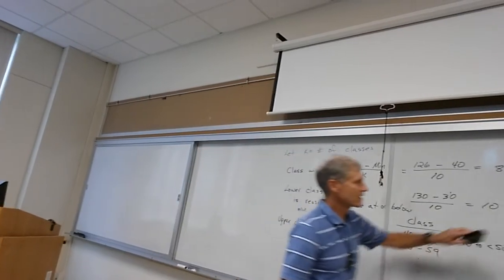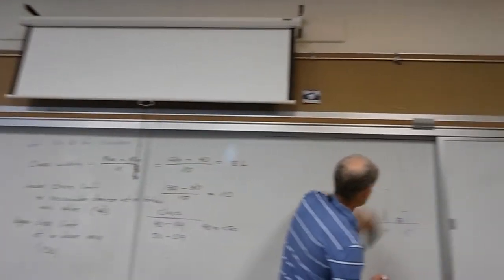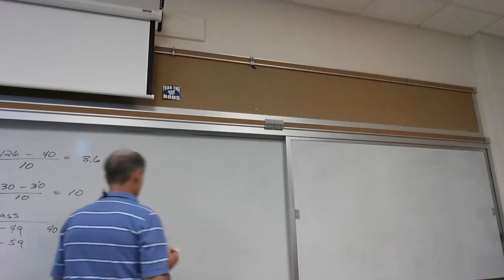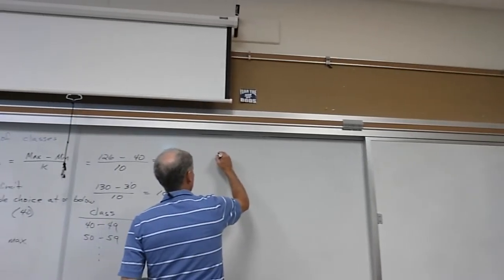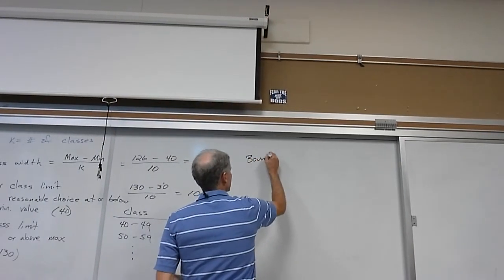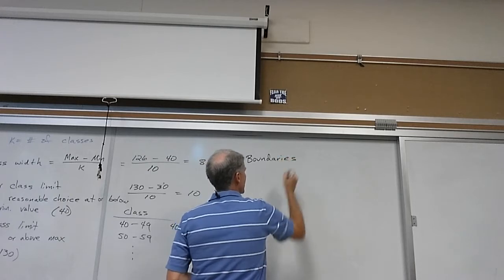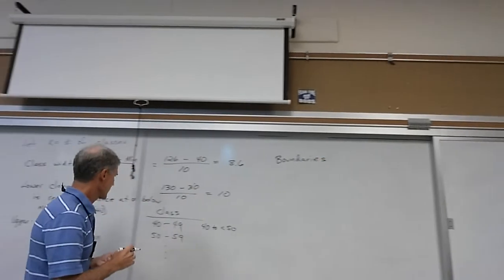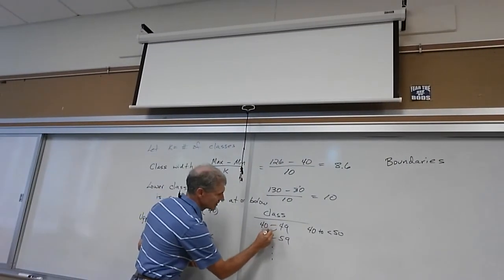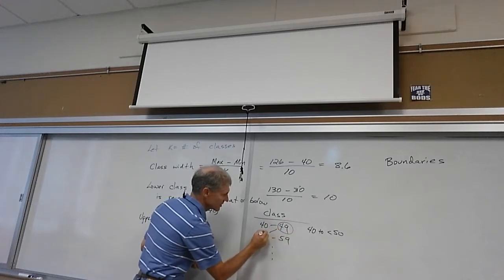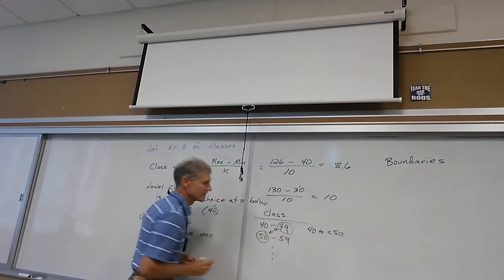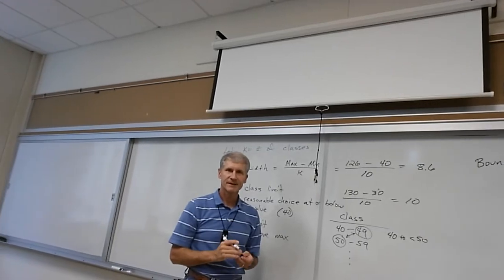Okay? Now, they talk about class boundaries, and I don't find this to be all that important, but I'm going to go ahead and talk about it. But class boundaries are halfway between these two numbers. Right?